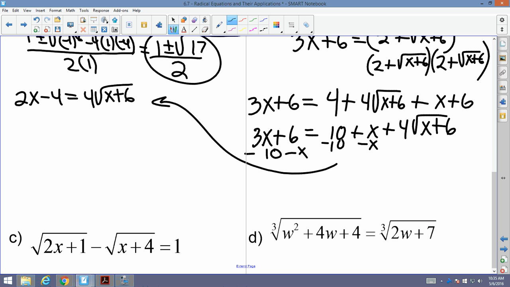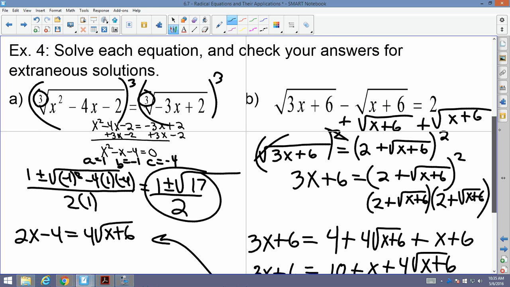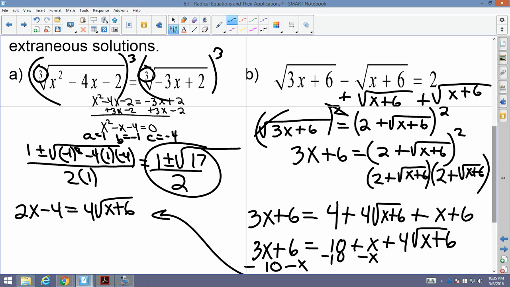Questions? Yes, sir, my brother. In the beginning, I did square the problem, son. I had to move this over. As per the rules of this lesson, you have to isolate one of the radicals. Because if you want to actually square this, it's virtually impossible.